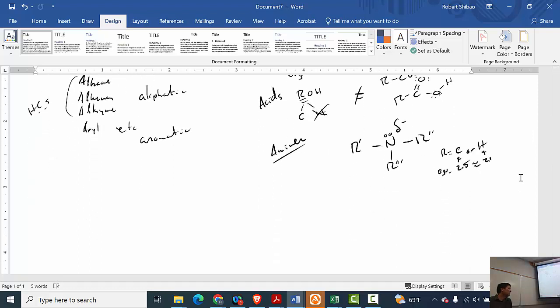And so the example that I use is like this. We can have the amine, or how about if I had chlorines on here instead? If I put chlorines on the nitrogen, does this constitute an amine? No. This is not an amine.